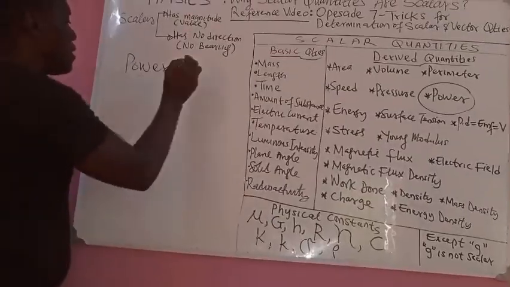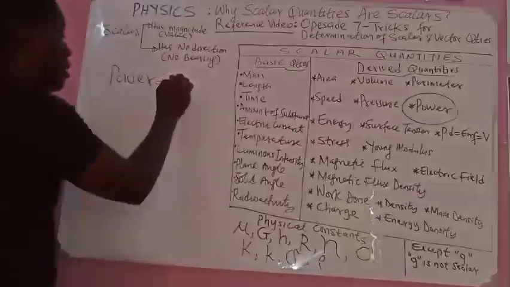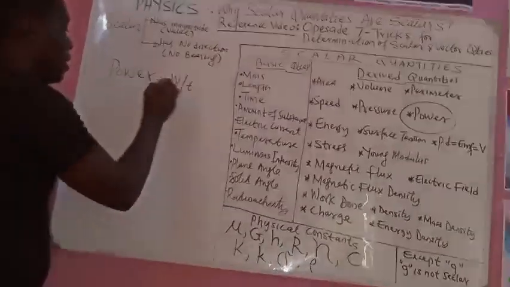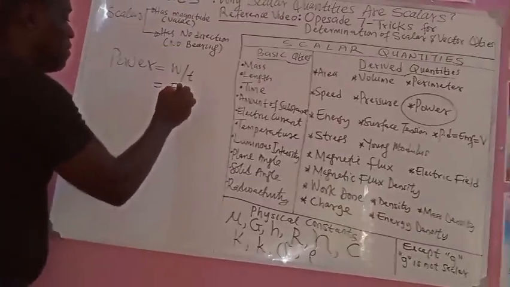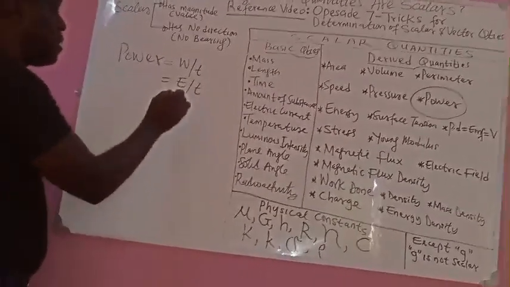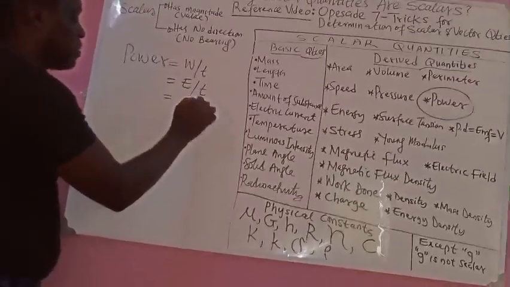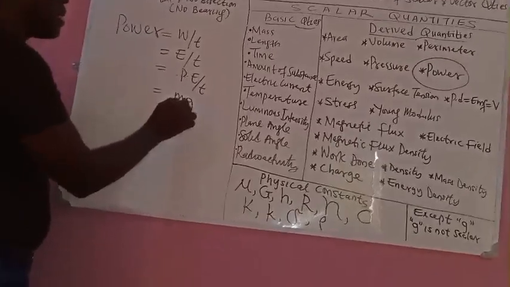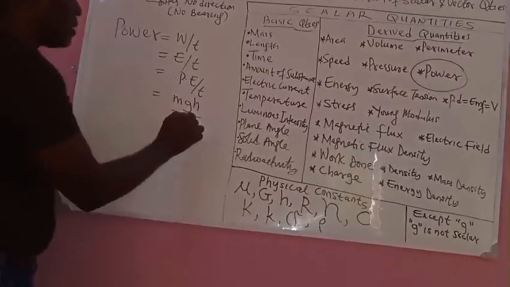Now, power is work per time, or energy over time. So if I'm to use energy over time, I can pick one of the energies, maybe potential energy over time. Now, potential energy is mass times acceleration times height over t.